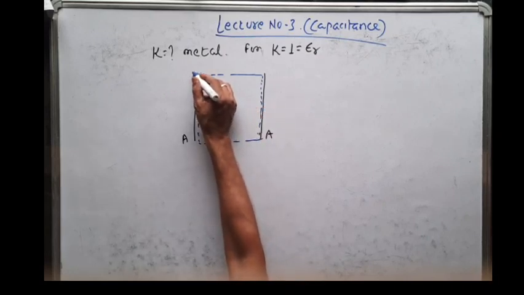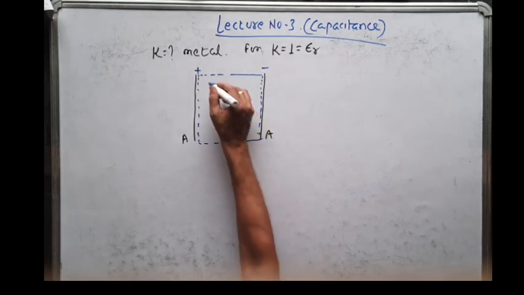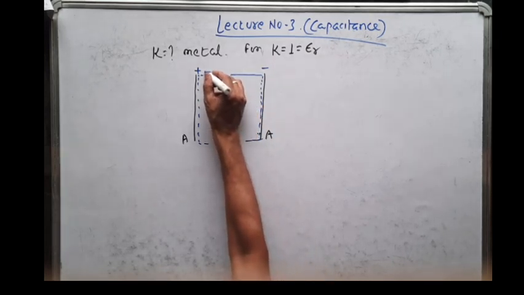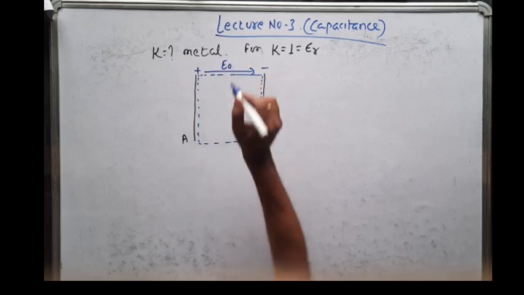If this is the positive charge plate and this is the negative charge plate, an electric field will be developed inside. That electric field is equal to E naught.